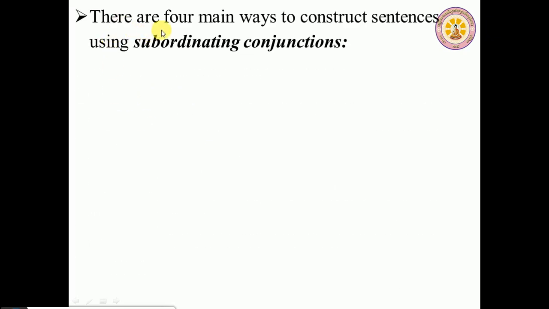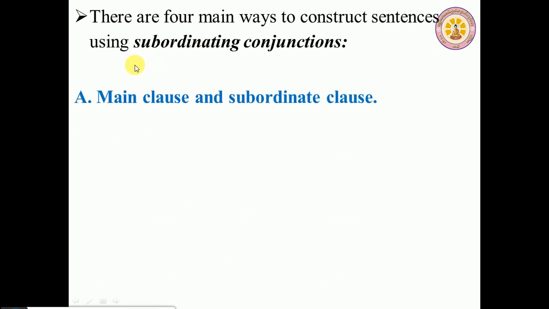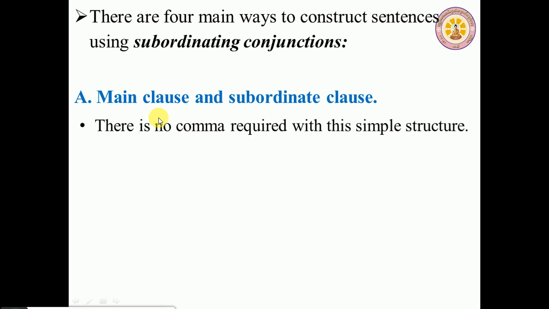Okay, recognize three main ways to construct sentences using subordinate conjunctions. The first is the main clause and subordinate clause. How do we connect the main clause and subordinate clause using a subordinate conjunction?